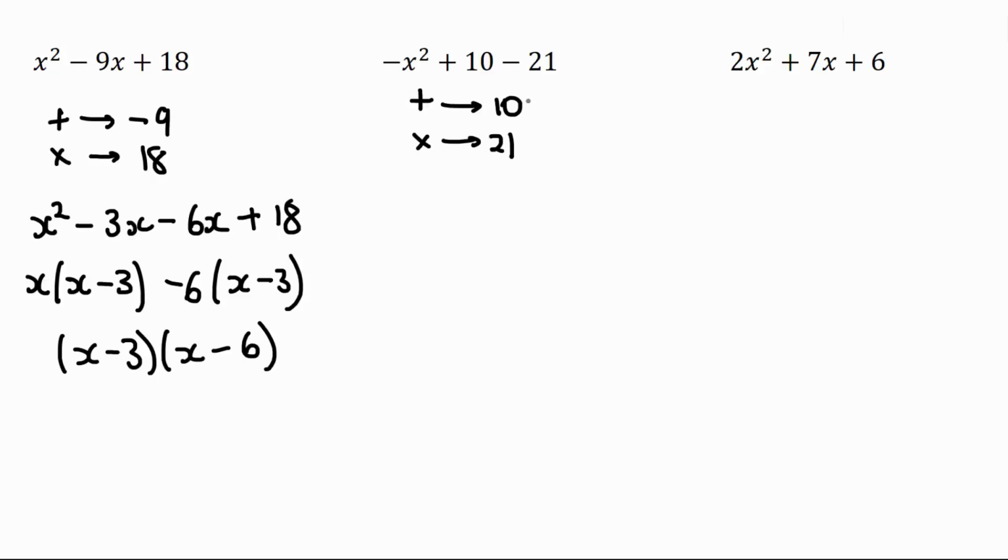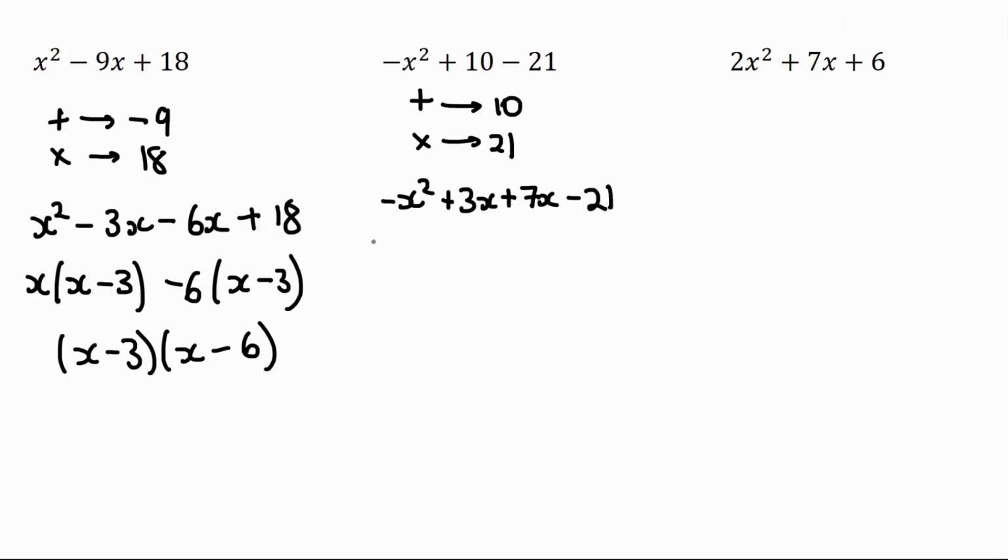And the 2 numbers in this case will be 3 and 7, because 3 plus 7 is 10, and 3 times 7 is 21. So we're just going to split them up. So -x squared plus 3x plus 7x minus 21. And then we're going to factorize.